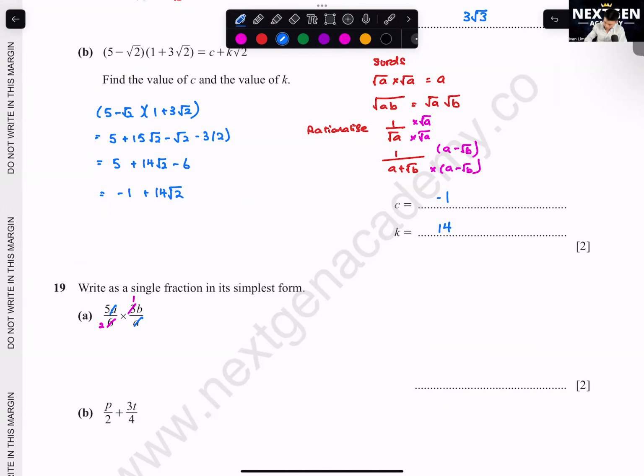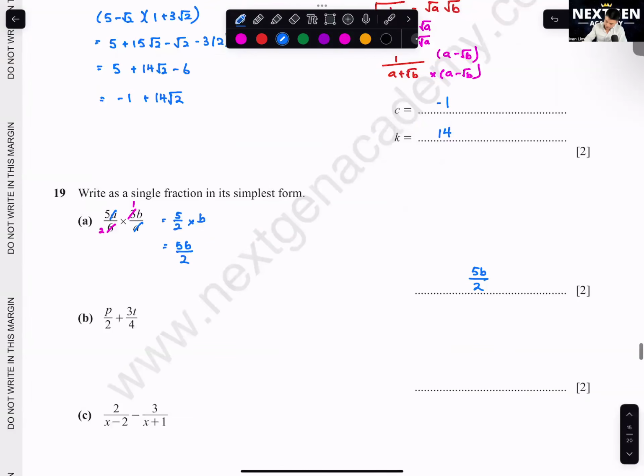So 5 over 2 times b, which is 5b over 2. Plus means you need to make it the same denominator first. We multiply by 2, so this will be 2p over 4 plus 3t over 4, which is 2p plus 3t over 4.